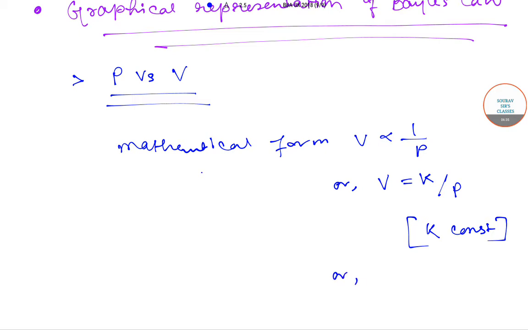In the next step we can also write PV equals K.